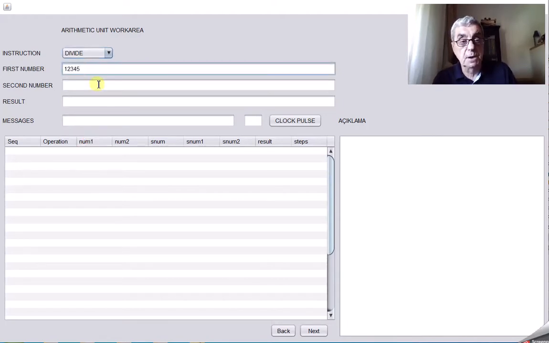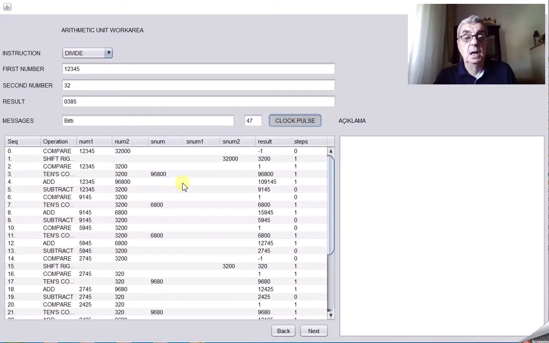Let's assume that we have this number and 32 as the second number for the division. Okay, first we compare the numbers. First we add zeros to the second number so that the lengths of the two numbers are the same. After that operation, we compare 12,345 with the new second number in the register.